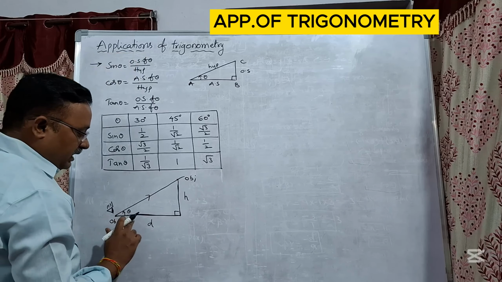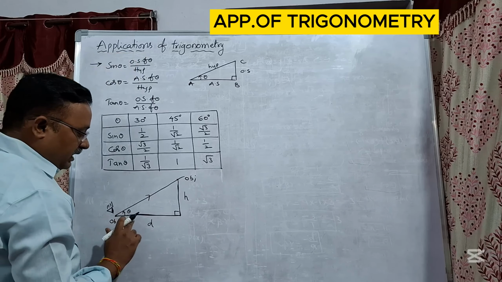Before applying these basic trigonometric ideas, we should know two things. Those are angle of elevation and angle of depression. When the observer is there, he automatically forms a normal sight, which gives us a horizontal line.